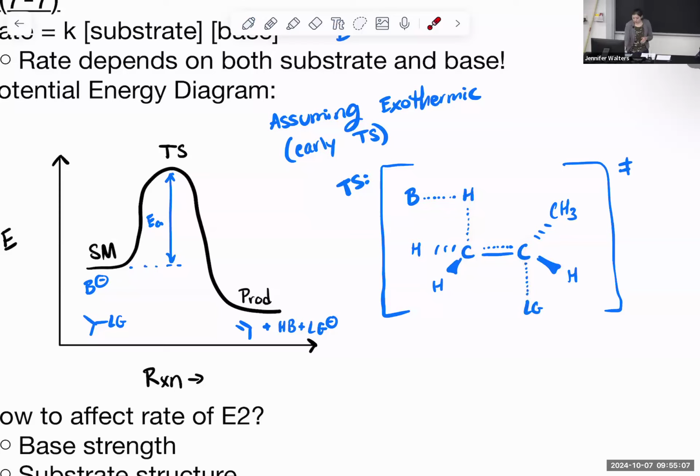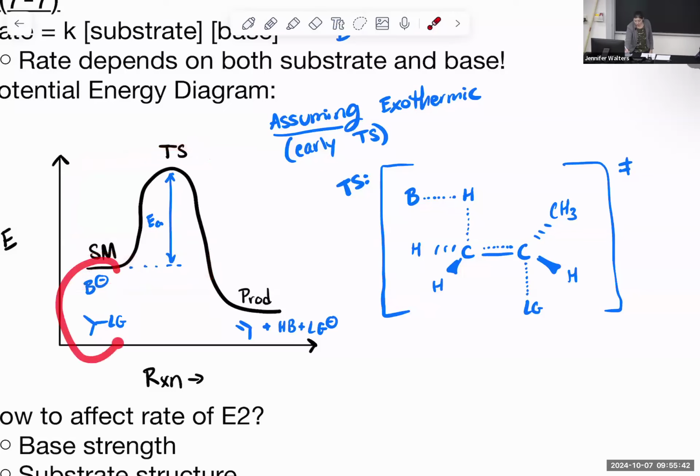All right, so if we're assuming this exothermic early transition state, I can also now assign partial charges and predict long and short bonds, right? That's that Hammond postulate. Okay, so what needs to have a partial charge? Yeah, the base. So we look most like the thing that we are closest in energy to. So I need to look most like my starting material.